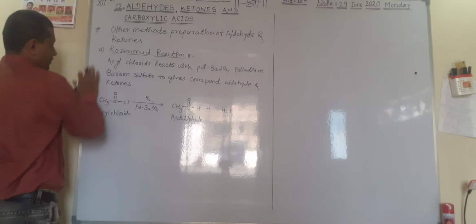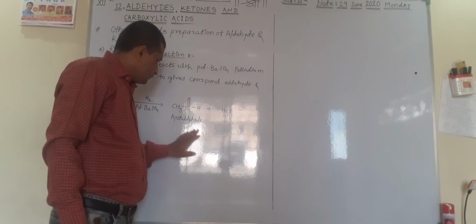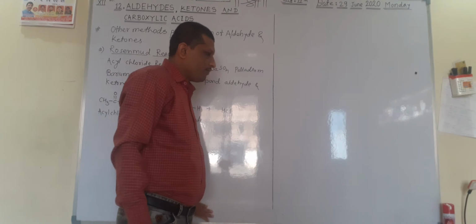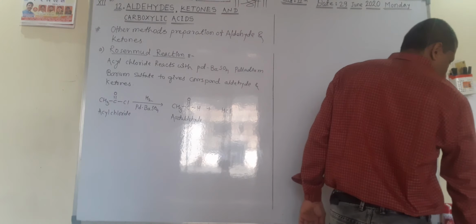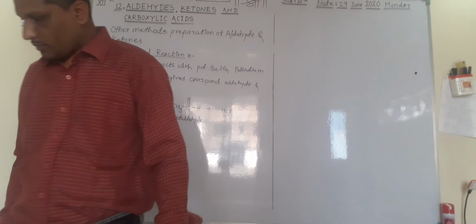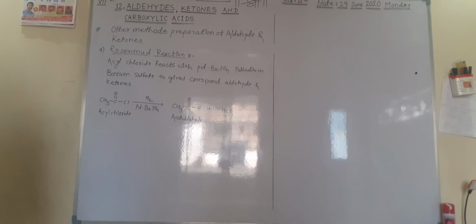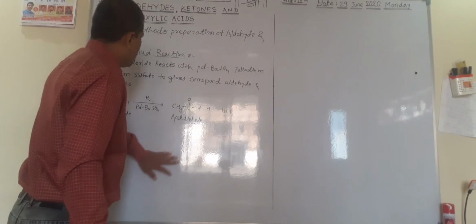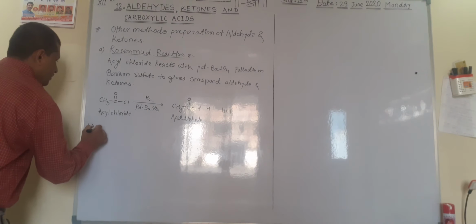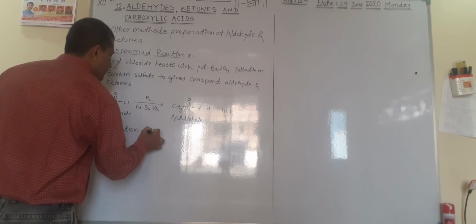Second method is preparation of ketones. Another method we can write down here as B, preparation of ketones.